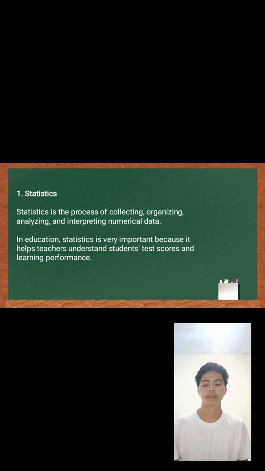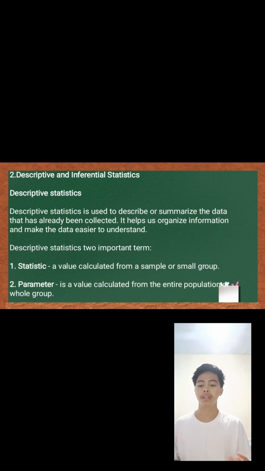For example, teachers use statistics to analyze test results, understand research data, and interpret different types of scores used in assessment. There are two main types of statistics. First is descriptive statistics.